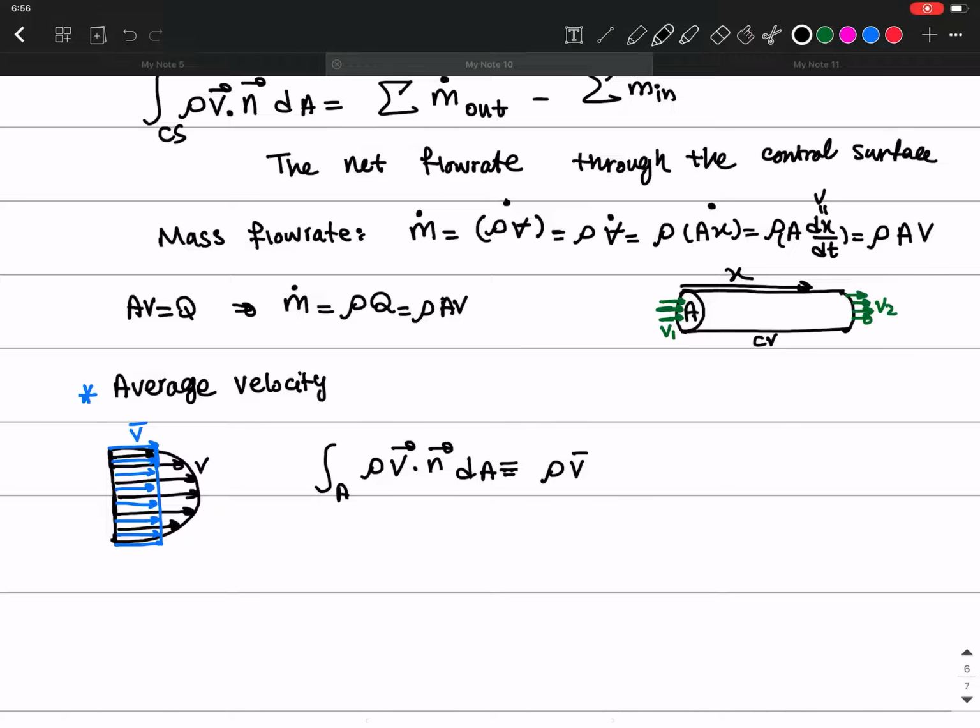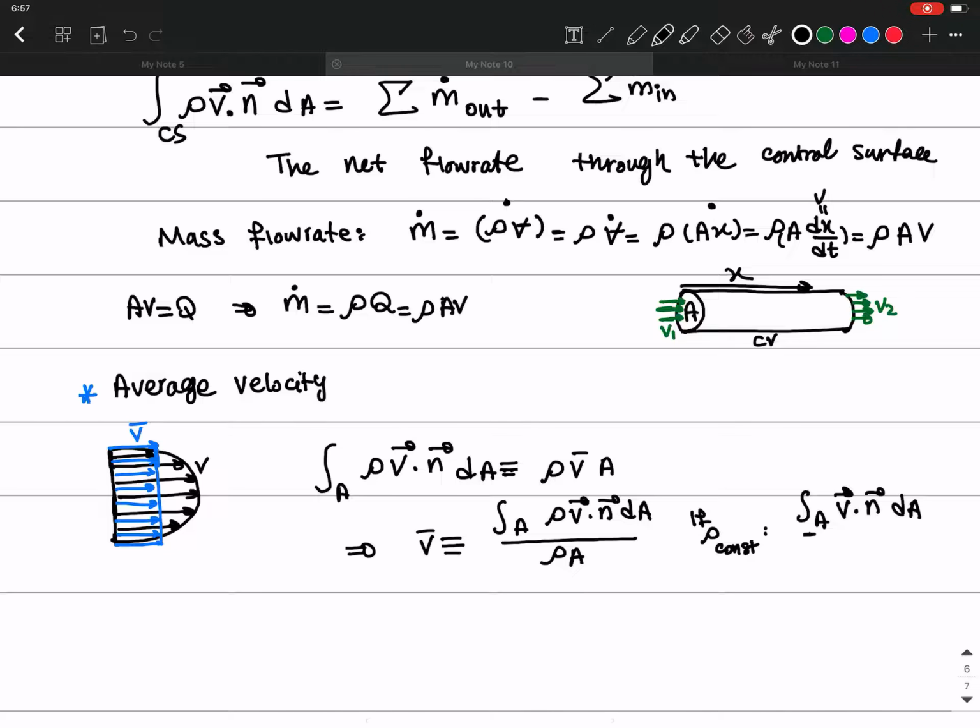So it's going to be rho V bar A, okay, and V bar, the average velocity, is defined as the integral over that area or control surface of rho V dot n dA over rho A. And if rho is constant, then this is just going to cancel out. So you are going to have just the integral of V dot n dA over A, right? So this would be the definition of the average velocity.